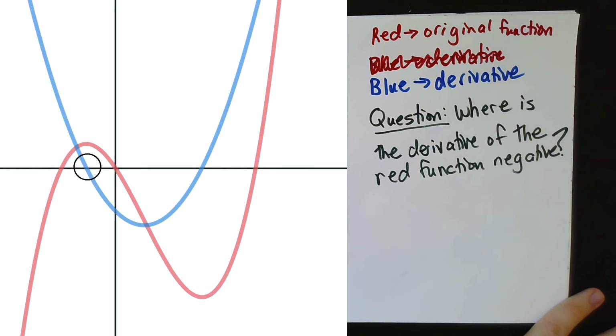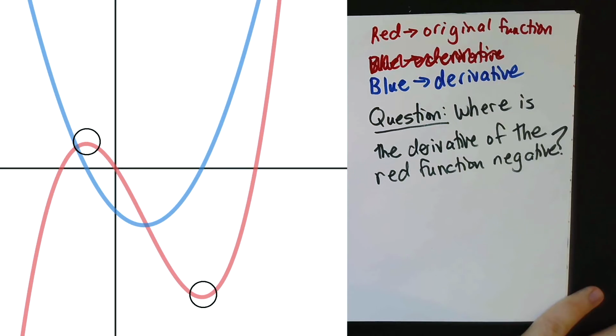So the derivative is negative in this range on the blue graph. And so the answer on the blue graph is that the derivative is negative between these 2 points, between the 2 x-intercepts that we talked about before. Note, this agrees completely with the answer we got when we looked at the red graph.